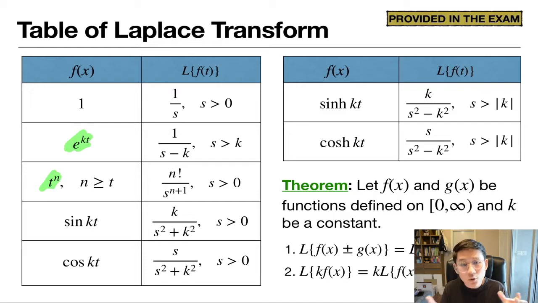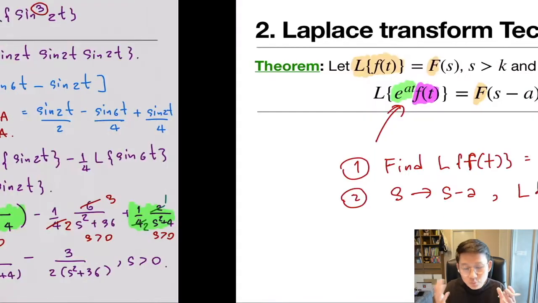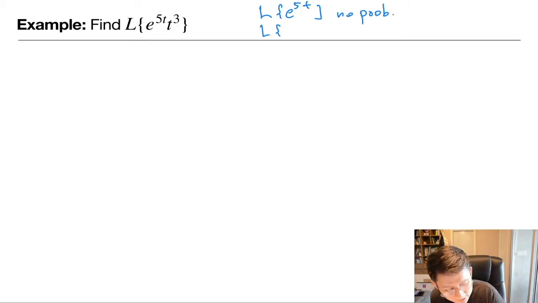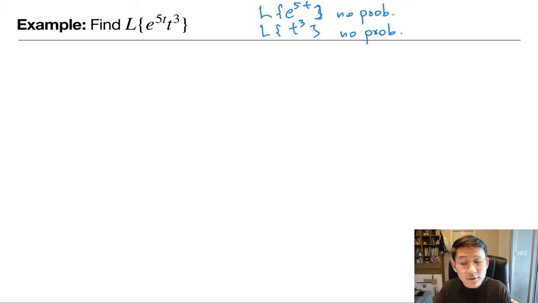In that case, we have no formulas for this problem, right? Because if you want to find the Laplace transform for e to the 5t, no problem, right? If you want to find the Laplace transform for t to the 3, that is no problem as well. But we can't find the Laplace transform for e to the 5t times t to the 3. There's no such formula. Okay, so in that case, we need to apply the theorem.